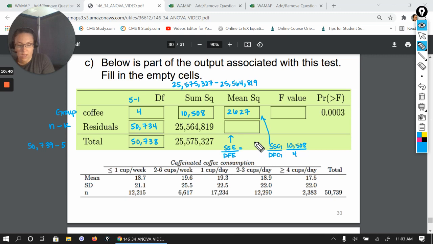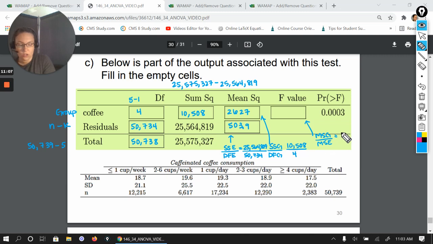So that would be 25,564,819 divided by 50,734. And that gives me an answer of about 503.9. Okay, now the F value is calculated by taking the MSG divided by the MSE.